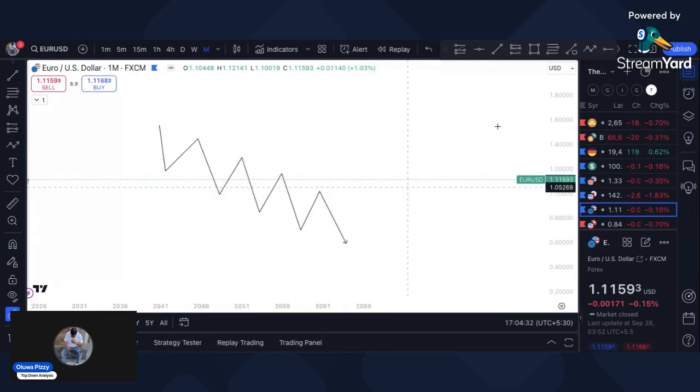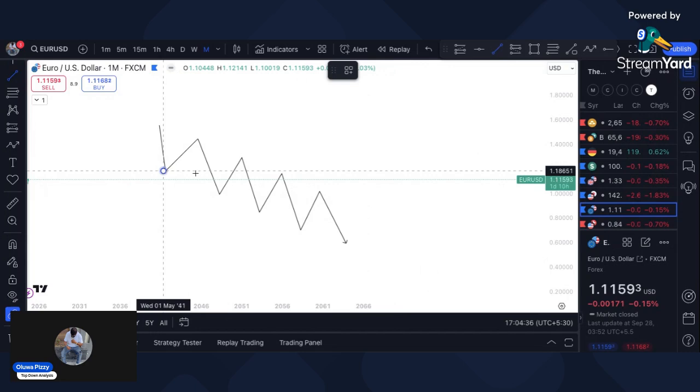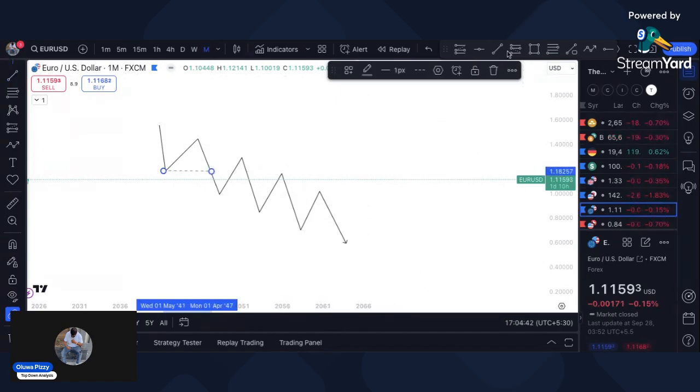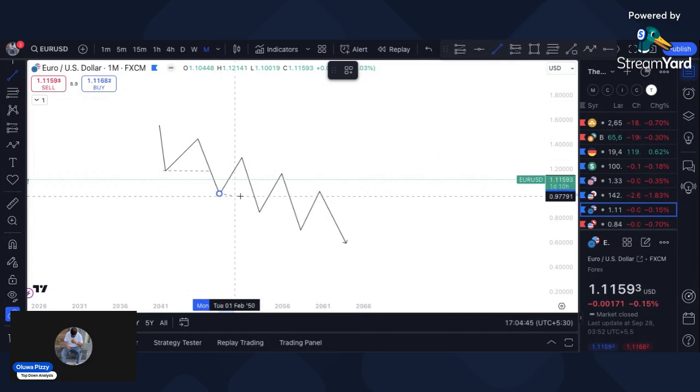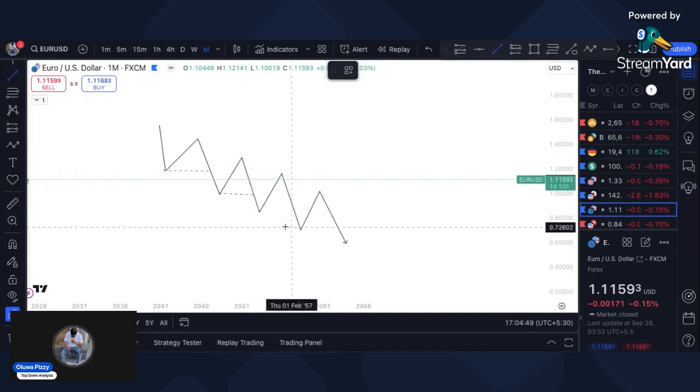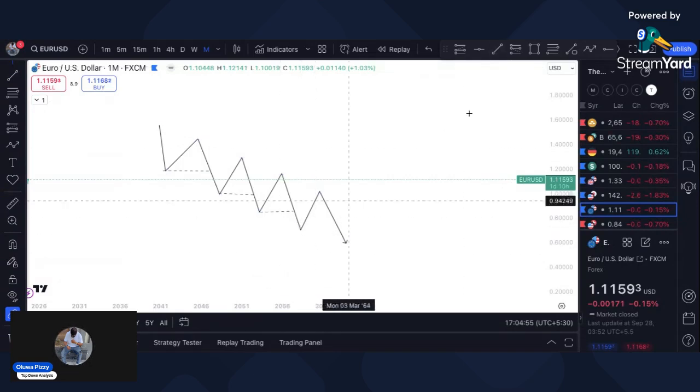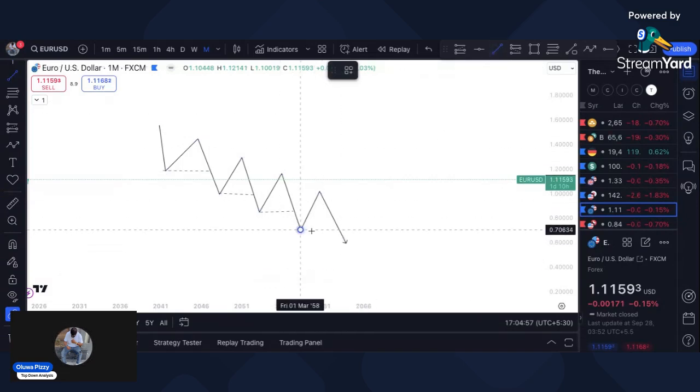Why is it that way? You see, this low got broken. This low got broken. This low got broken, and this low as well, and this low as well got broken.